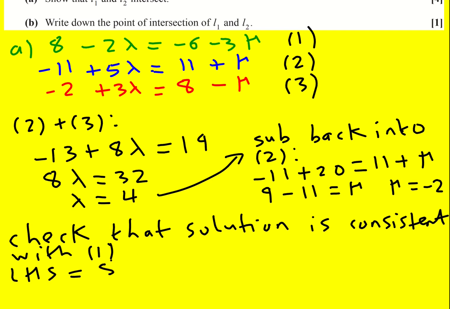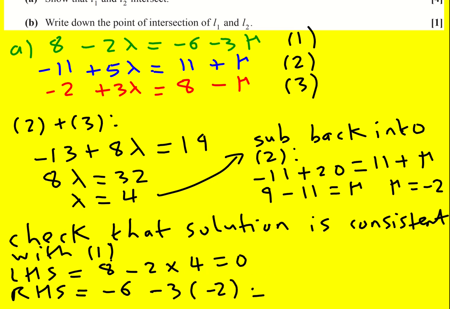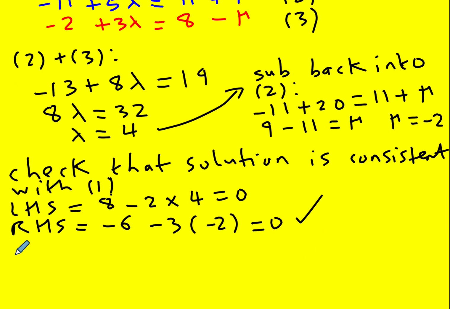The left-hand side is 8 minus 2 times 4, which is 0. Right-hand side is minus 6 minus 3 times minus 2, which is also 0. So it works, it is consistent. L1 and L2 intersect.